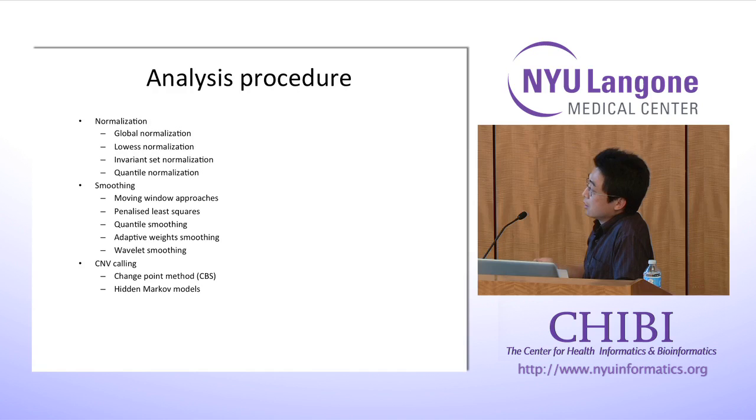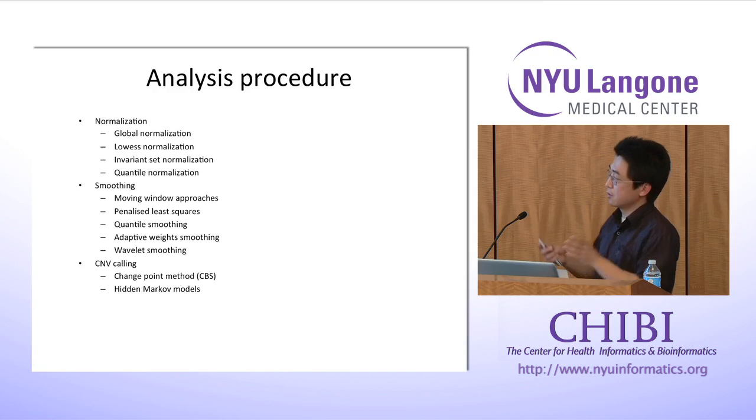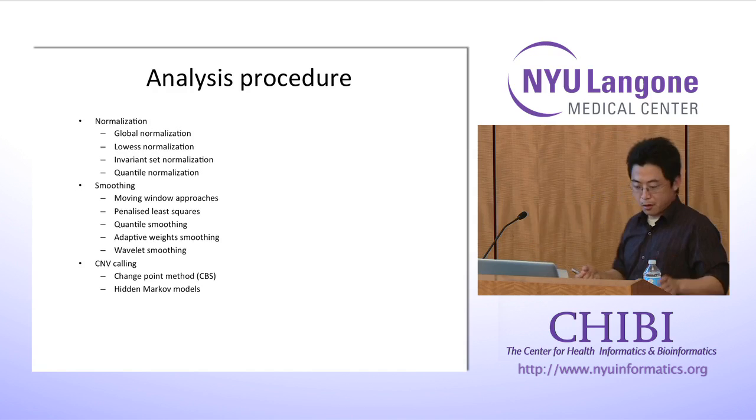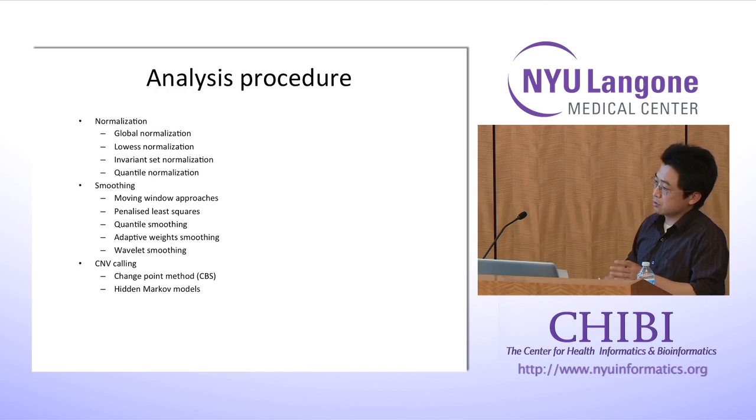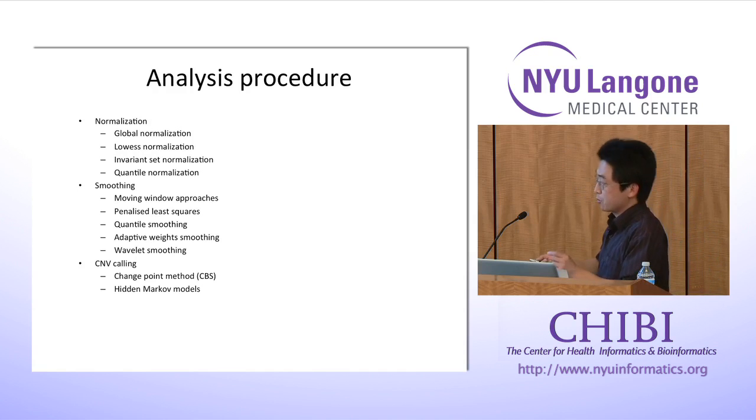For smoothing, there are different algorithms that you can pick, and the simplest is the moving window average approach. You can pick a window size, 1K or 2K, and summarize the SNPs or signals within that window, and for each probe or data point, replace it with the average of its neighboring data points.